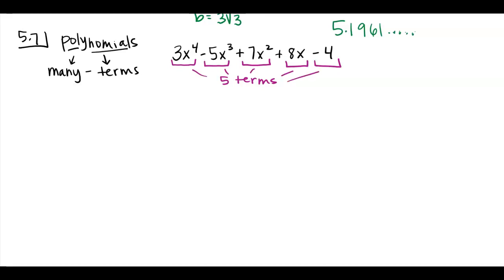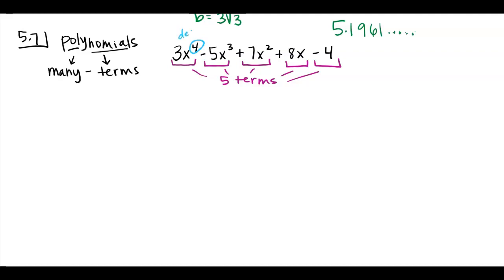And you'll notice that there are some exponents on our variables here, and those tell us about what we call the degree of the polynomial. So if we look for the highest degree, or the highest exponent, that's going to be the degree of it.